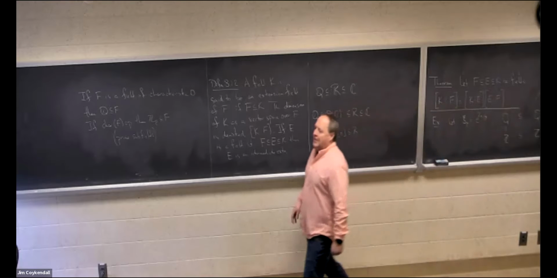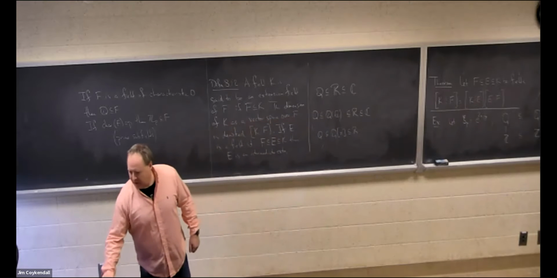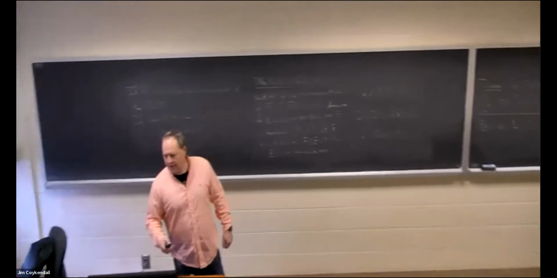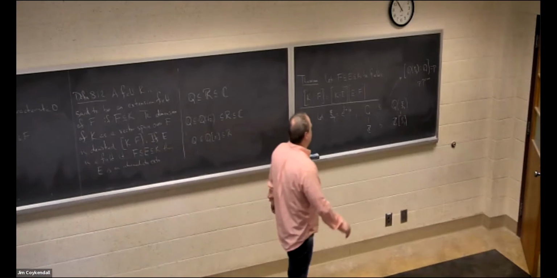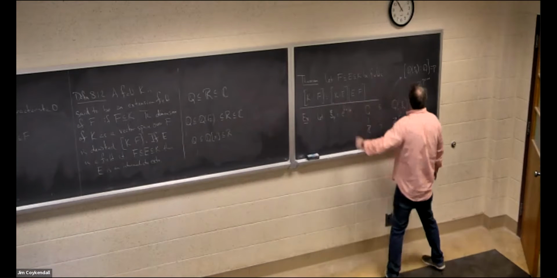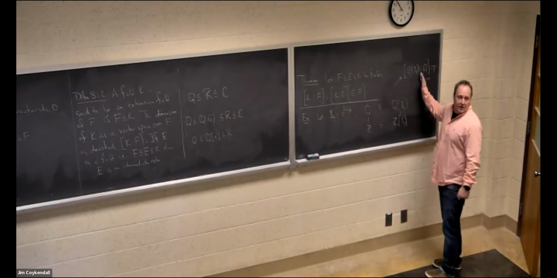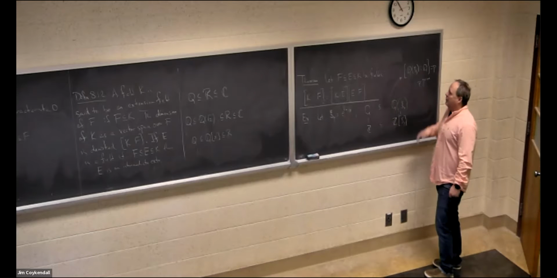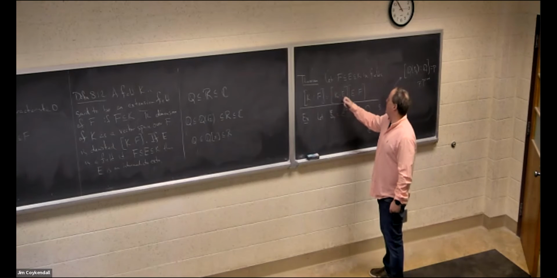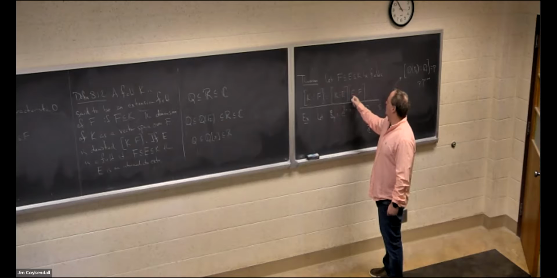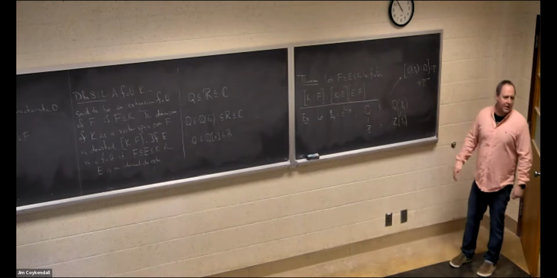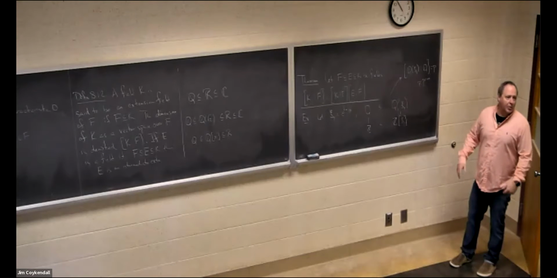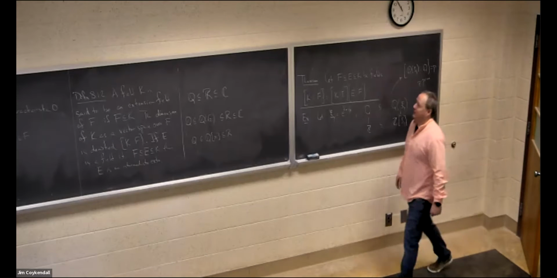And so what that means, something that's actually kind of cool, is that there is no other field properly between here by this theorem here. Because if you have an intermediate field E, then the degree of big thing over E or middle thing over Q, one of these has to be 1 because the total degree is P. So there is no proper intermediate field. So that's kind of a nice application.